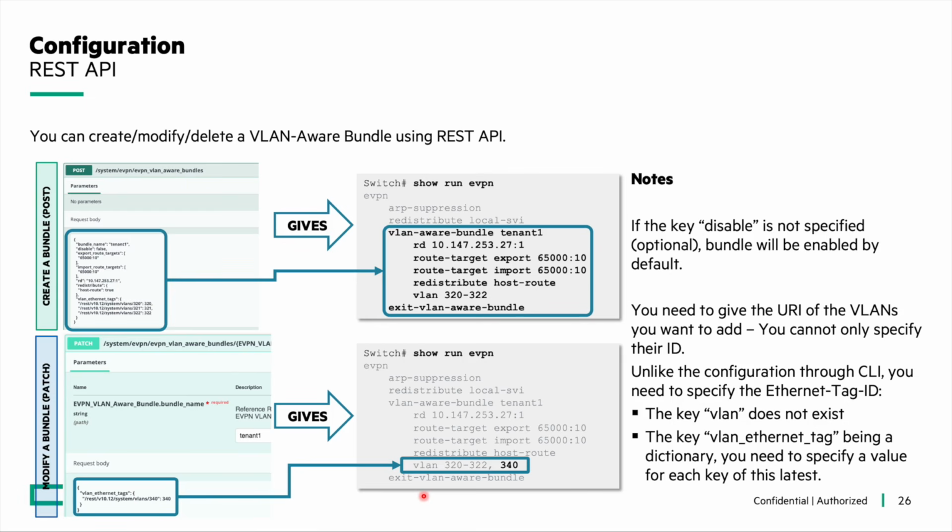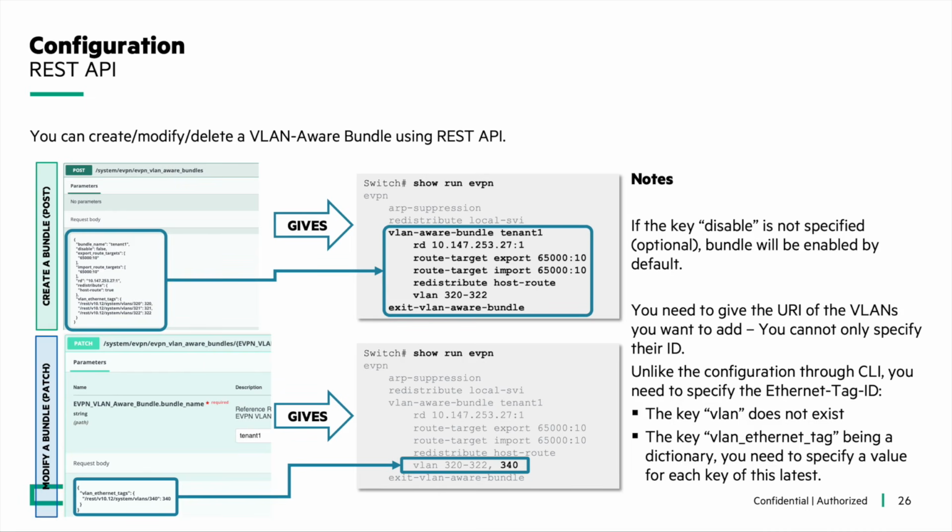Last point to note regarding configuration is obviously the fact that we can manipulate VLAN-aware Bundle Services using the AOS-CX REST API. There is a new endpoint, which is reachable using /system/EVPN/EVPN VLAN-aware bundles, which allows you to create, modify, or delete a bundle, as you can see on those examples.